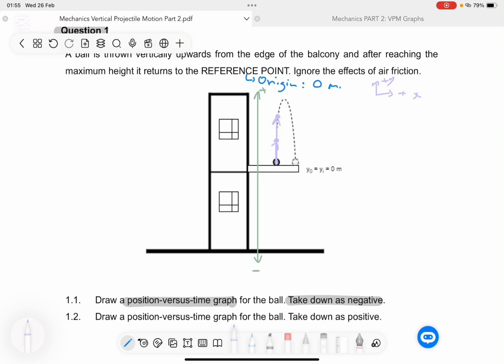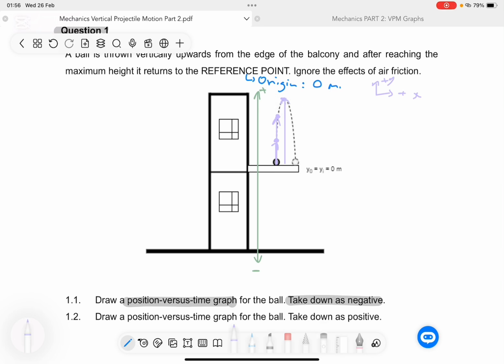Eventually, the ball will reach this position, which is measured from the reference point again. This is the largest height, or the largest position, that we'll ever get, because from here the ball will stop for an instant and then change direction to go downwards.